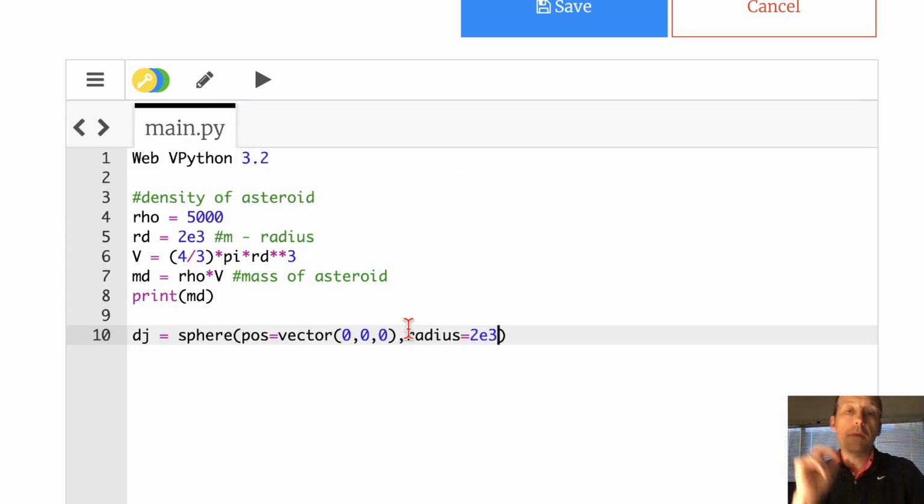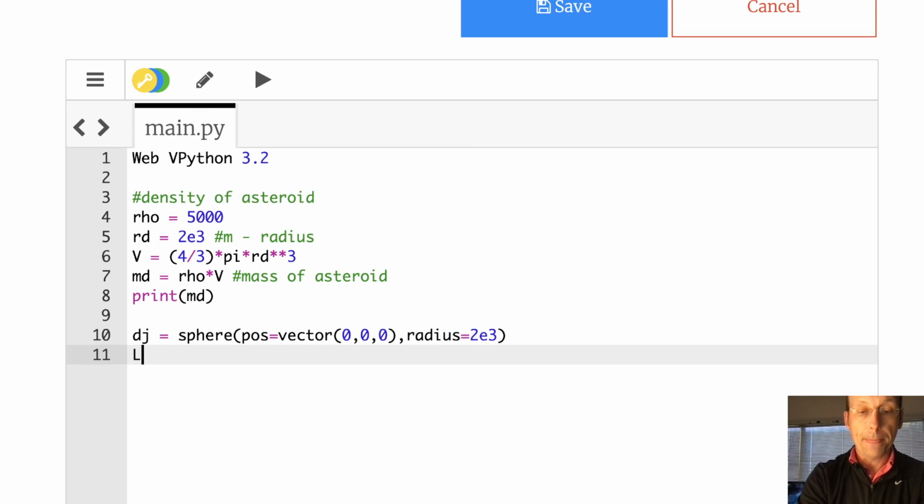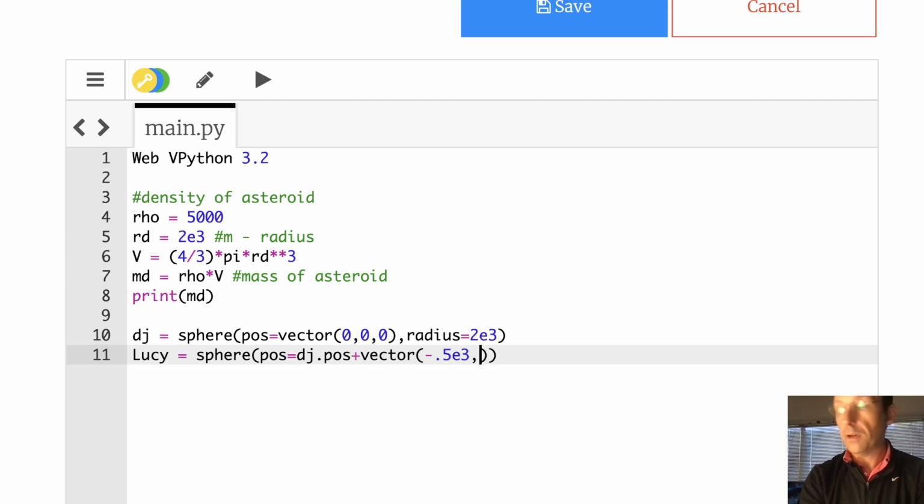Now I'm going to make Lucy, with a capital L, which is also a sphere. Position, so I want to have it up 3 kilometers and over half a kilometer. So the position is going to be dj.pos plus vector negative 0.5e3. What did I say? It was 3 kilometers away? Yeah, 3e3, 0.